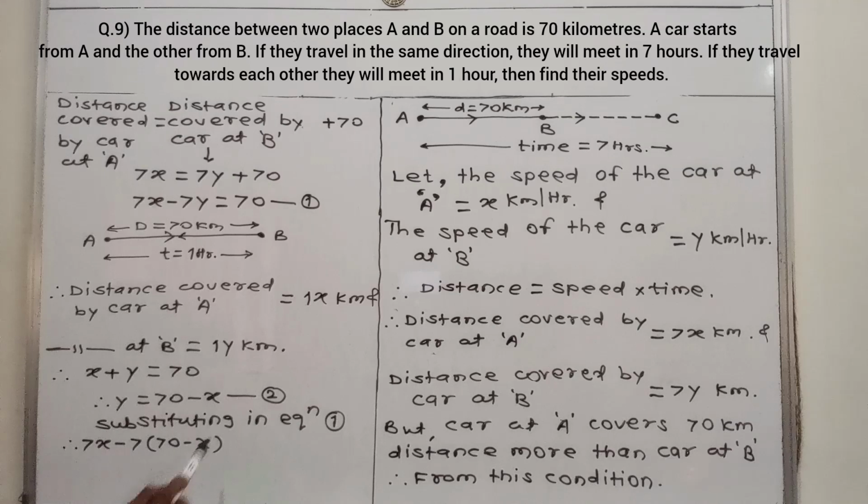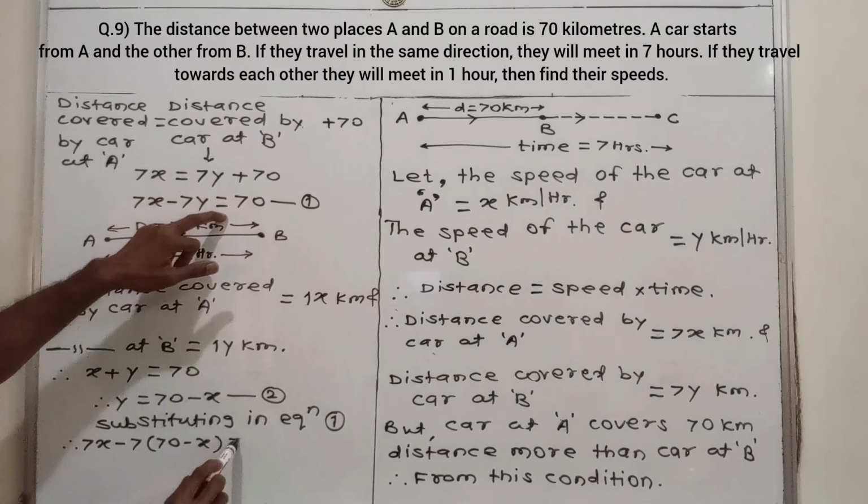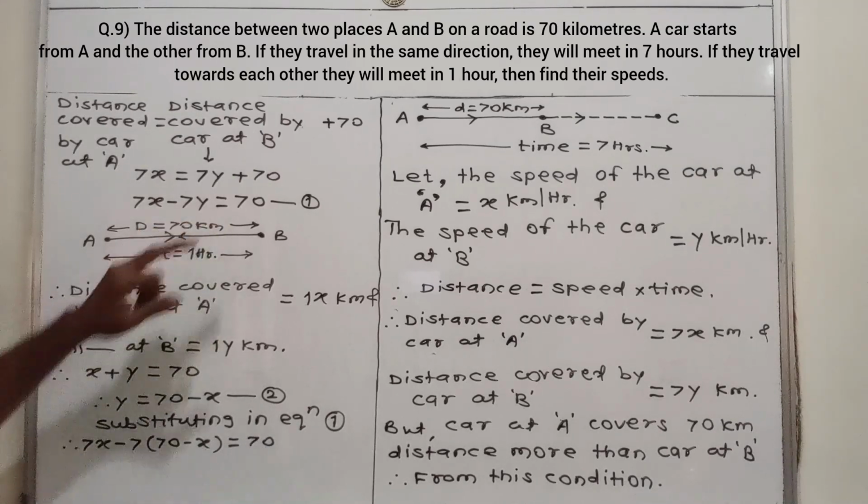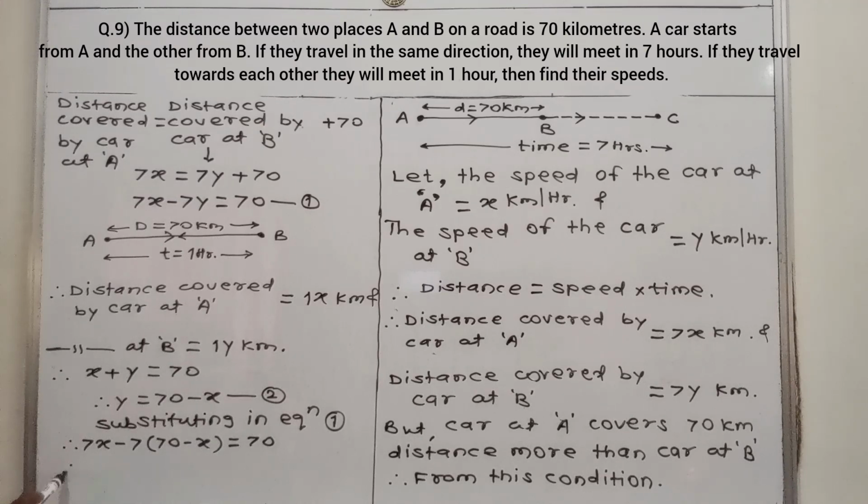Did you get it? Is equal to 70. Therefore, 7x minus 490 minus into minus plus 7x is equal to 70.